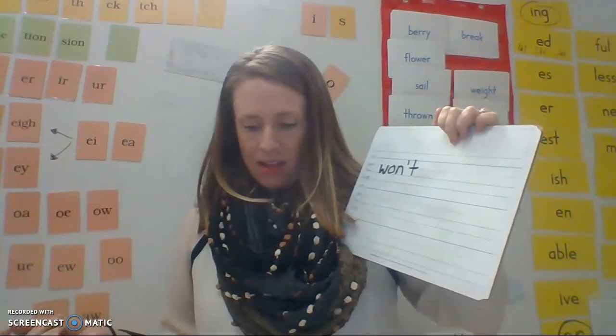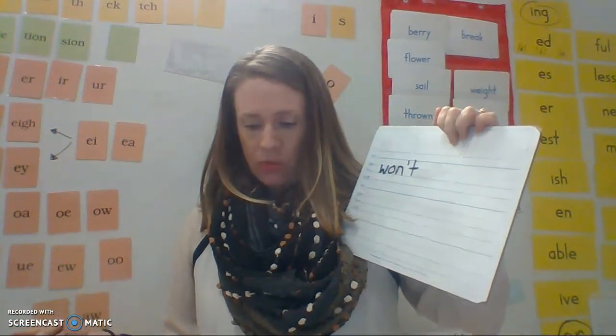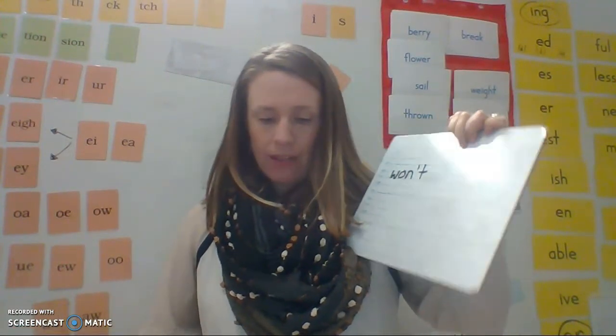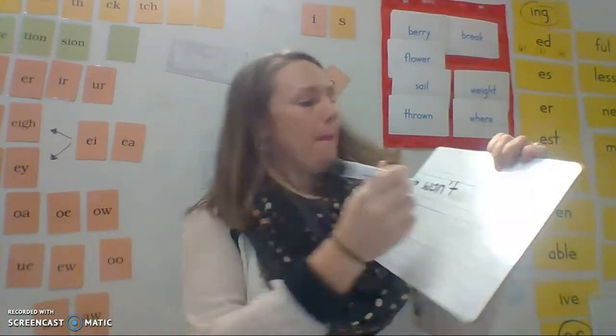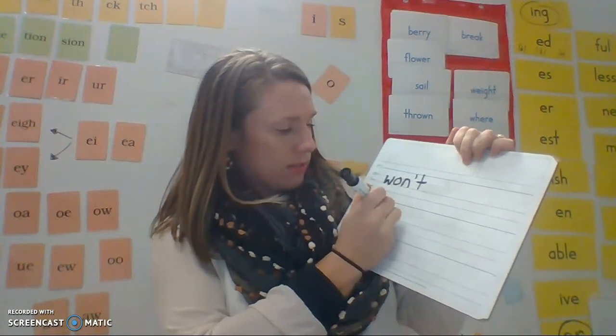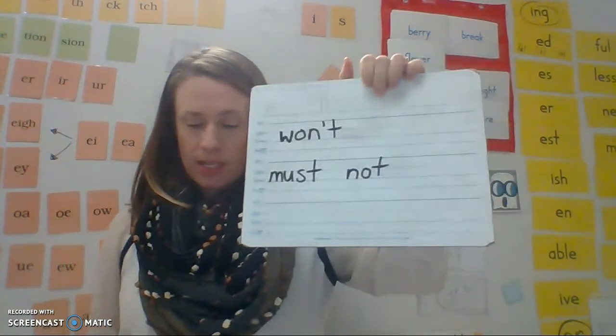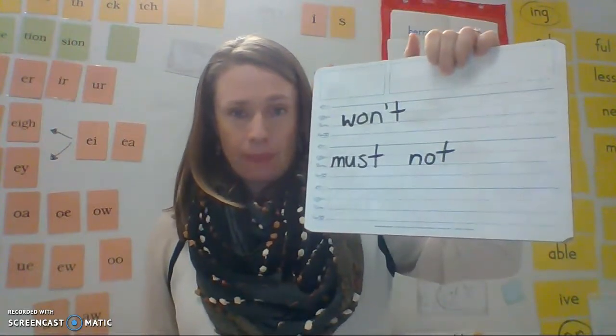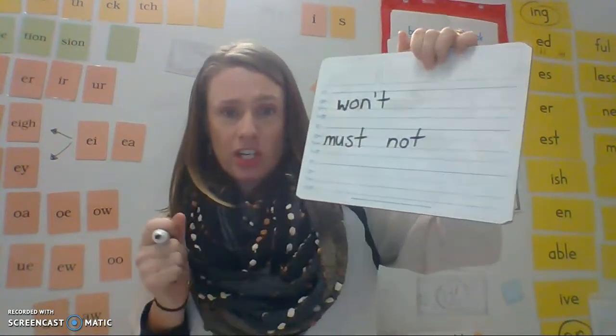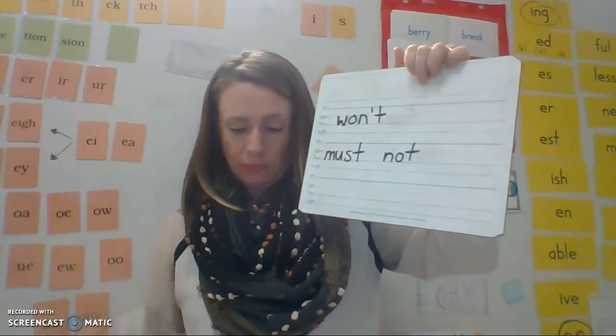Okay. Let's try another one. Let's do must not. So go ahead on your board. I want you to write must not. And then I want you to erase away to change it into the contraction.